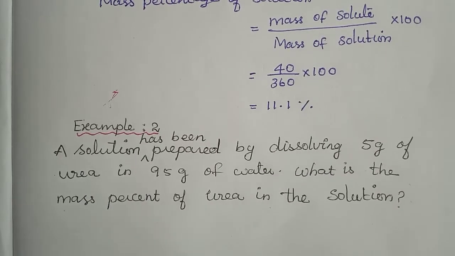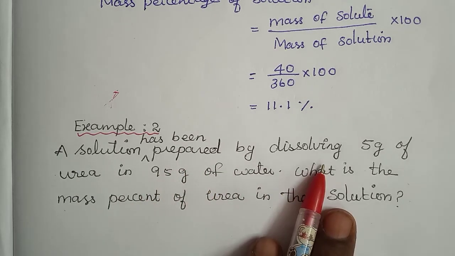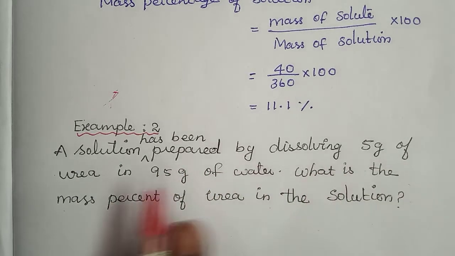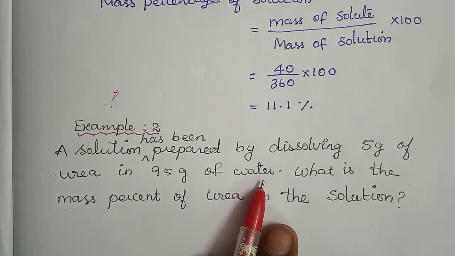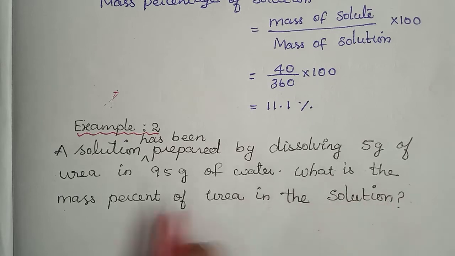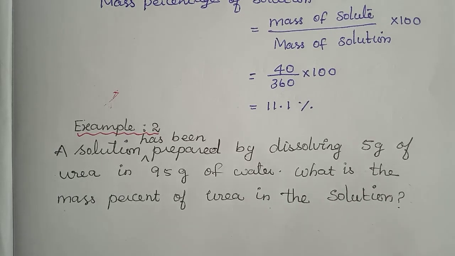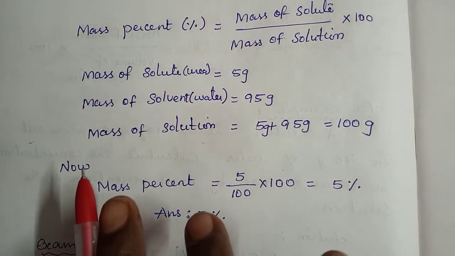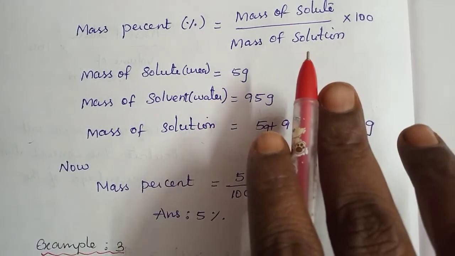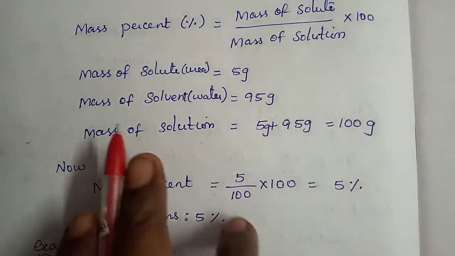Example number 2. A solution has been prepared by dissolving 5 gram of urea in 95 gram of water. What is the mass percent of urea in the solution? Mass percent is equal to mass of solute by mass of solution into 100.